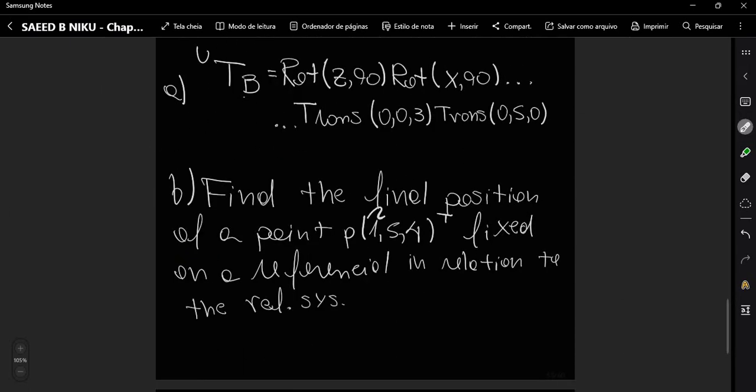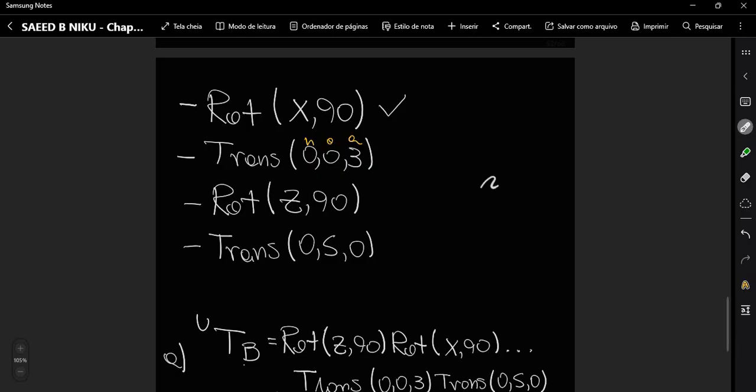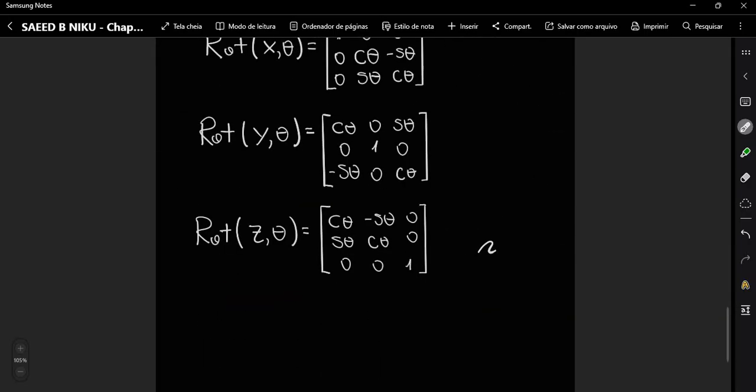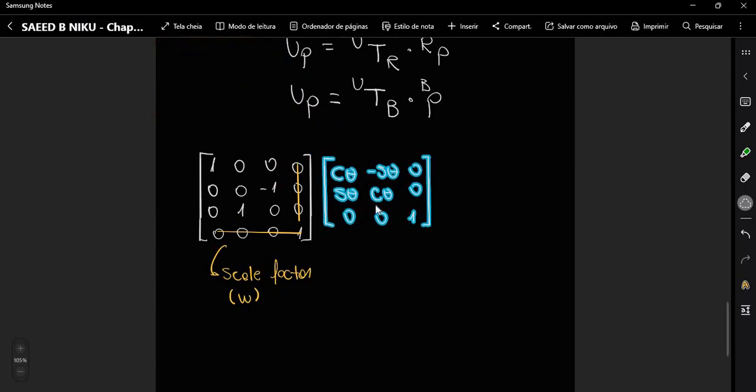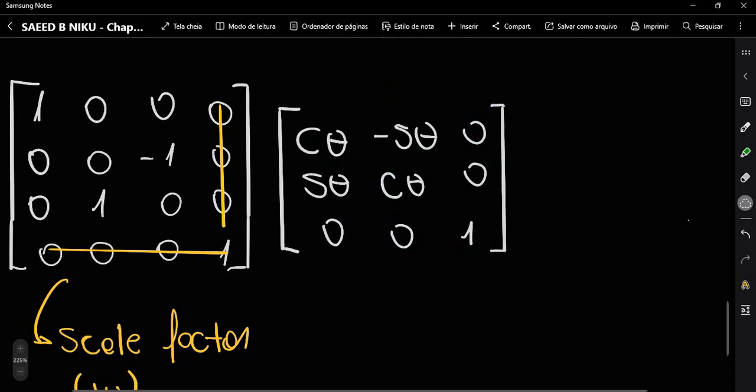Now it is a rotation around the axis Z. Zero, 1, minus 1 and 0.